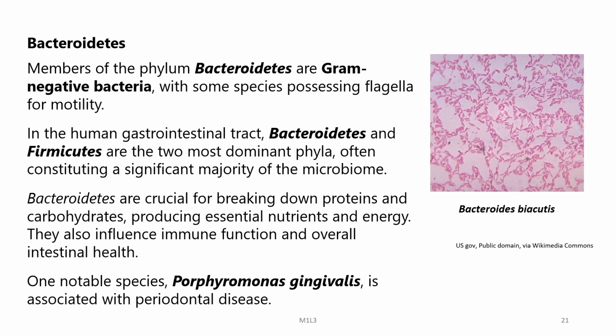Bacteroidetes are crucial for breaking down proteins and carbohydrates, producing essential nutrients and energy. They also influence immune function and overall intestinal health. So, they are very important as gut microbiota. One of the notable species is Porphyromonas gingivalis. This is associated with periodontal disease.